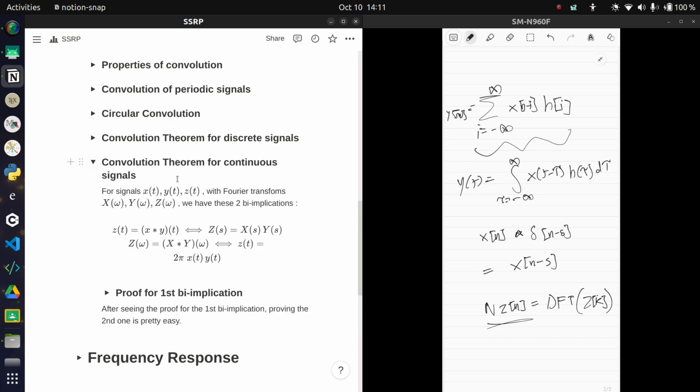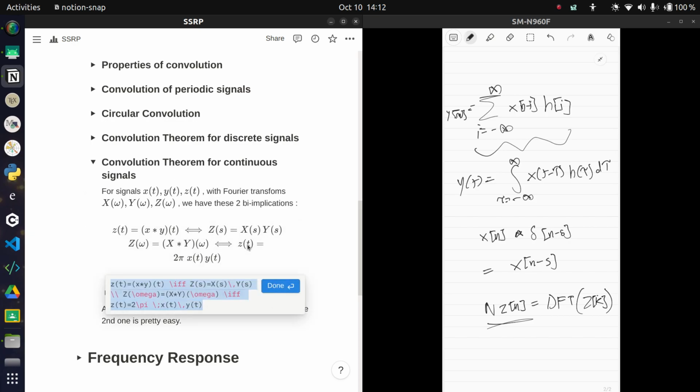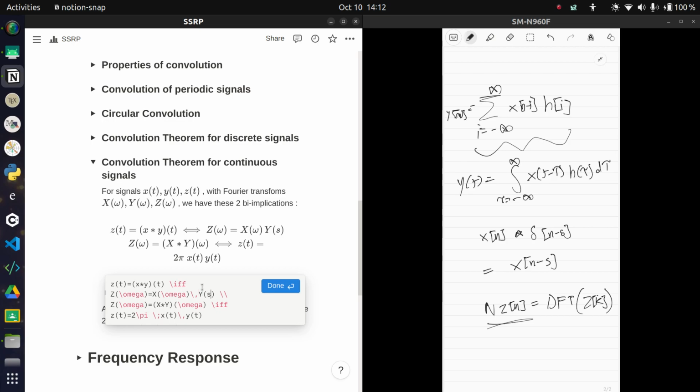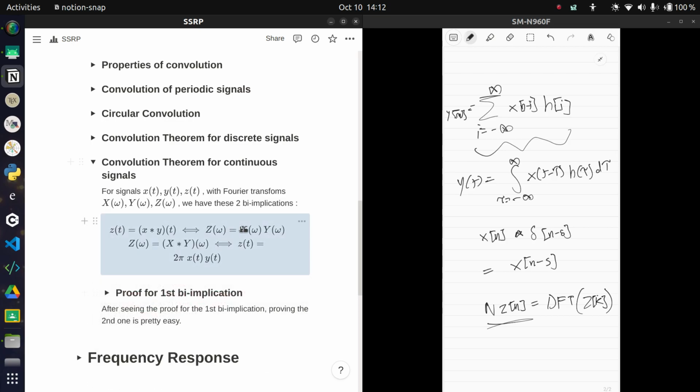Then you have the continuous case, the convolution theorem for continuous signals. Once again you have the normal convolution. It should really just be omega over there, not s, because it's hard to define the convolution in the s plane. Although you could do it: if z of t is x star y of t, then Z of s equals X of s times Y of s. It's completely valid, but it's a harder proof.